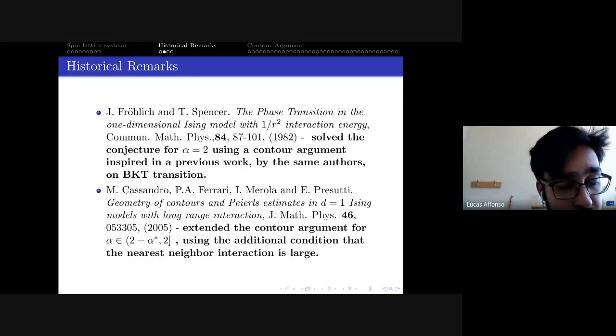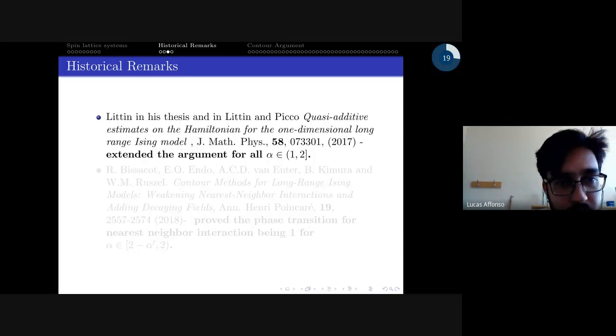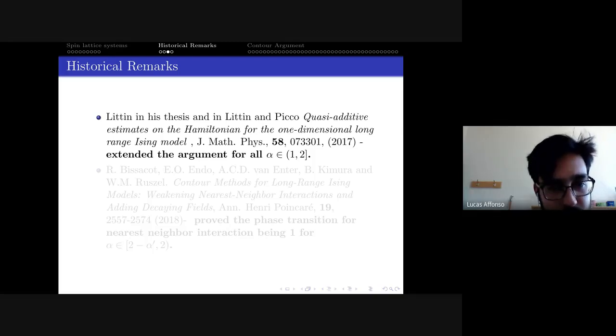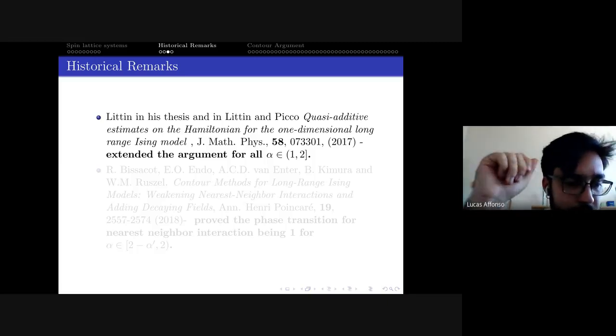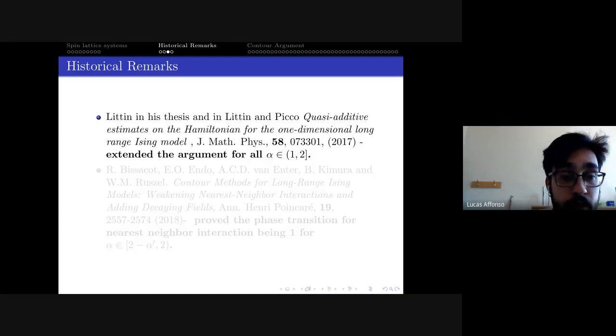But they also needed to use an additional condition that the nearest neighbor interaction should be large. And it was Littin in his thesis, and Littin and Picco, that extended the argument for all the regions of the parameters. But since he based his work on the previous one, he also had this condition of the nearest neighbor interaction being large.